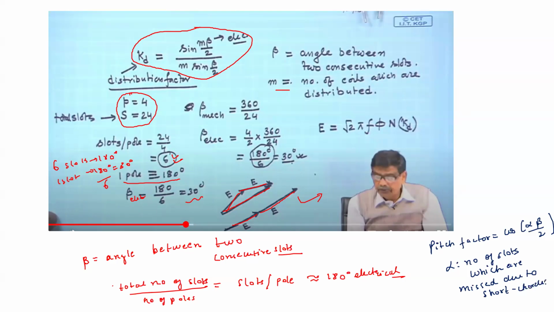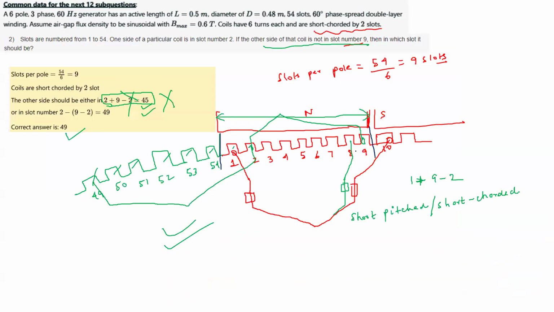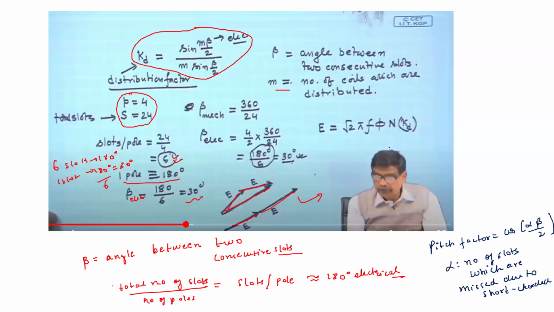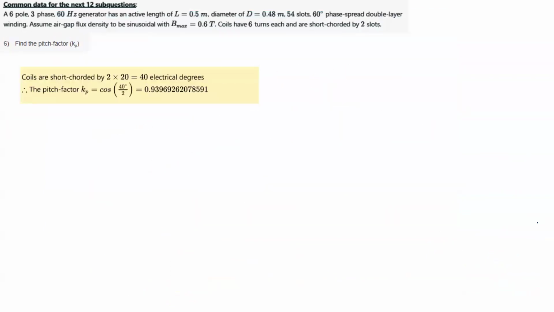So in this example, we have missed, because in full pitch coils we have 9 number of coils, but we are missing the connection by 2 coils, right? So instead of 10, we are having 8. So because we are missing 2 numbers, here in place of alpha we have to place 2. Beta we have already found, so here we can just place it in this formula.